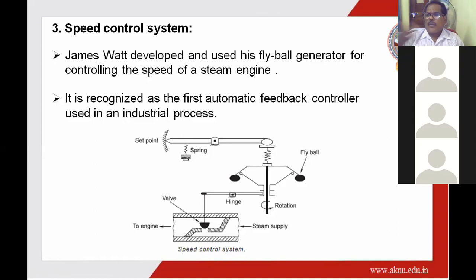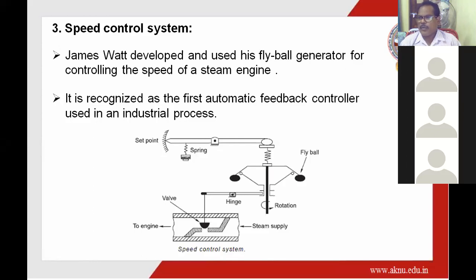Here we take one example, that is the speed control mechanism. Already we talked about the automobile system. The speed of the vehicle depends upon the force applied on the accelerator pedal. If we apply more force, the speed of the vehicle increases. If we apply less force on the accelerator pedal, the speed of the vehicle decreases.